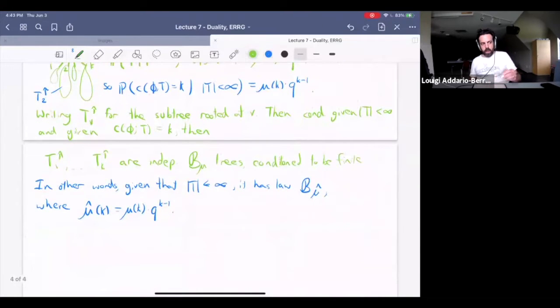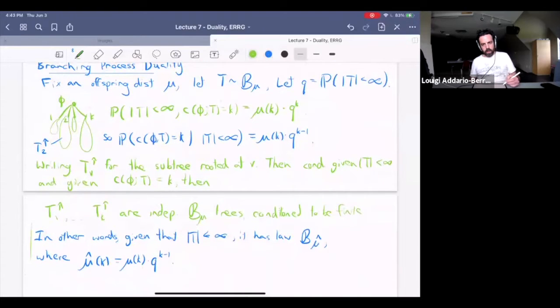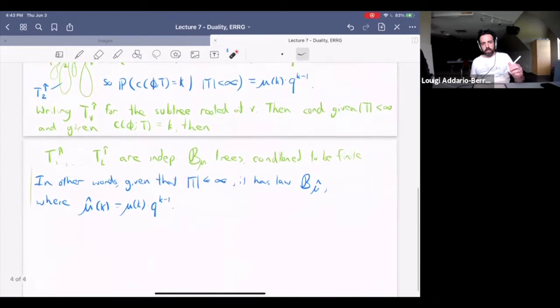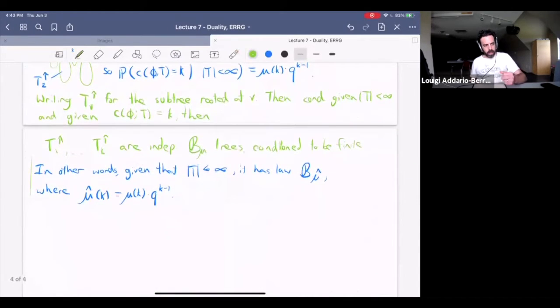Okay, so just as a sanity check, we know which BGW trees are almost surely finite, and this one had better be finite because we conditioned it to be finite, right? So this mu hat should be a subcritical offspring distribution. It should have mean at most 1. Well, let's check that that's the case.